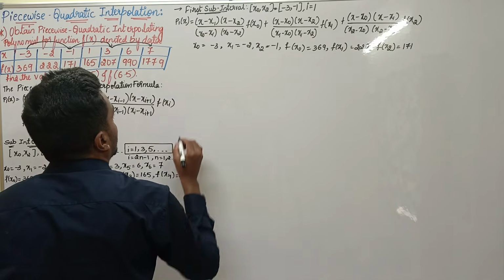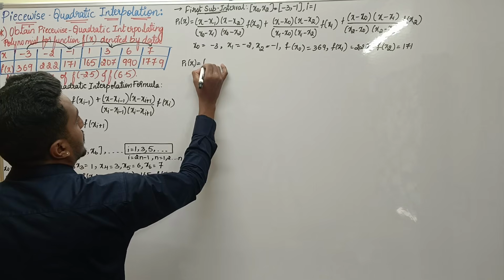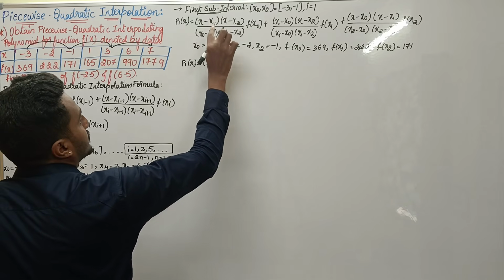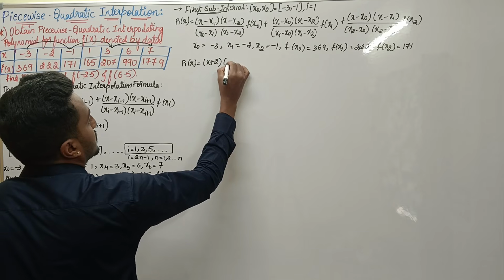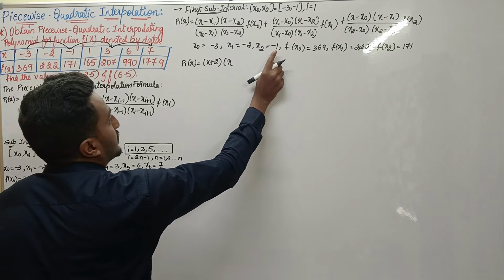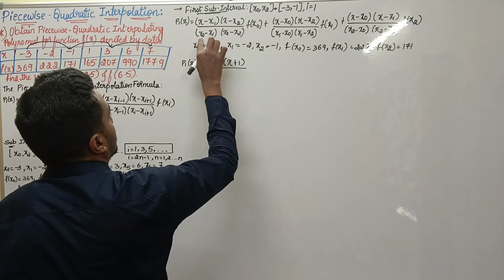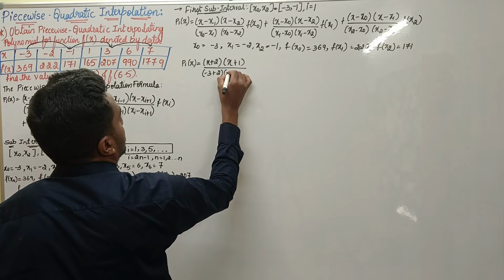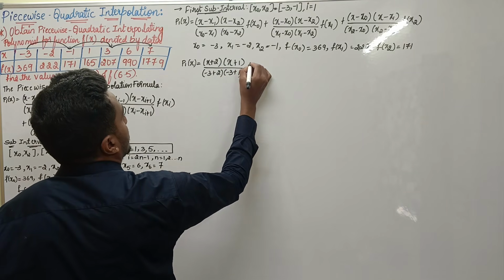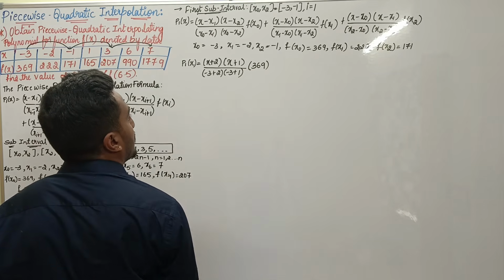Okay, let us simplify. p1 of x is equal to (x minus x1, what is x1? minus into minus plus 2) (x minus x2, x2 is -1, minus into minus plus 1), whole divided by (x0 is -3, so -3 plus 2) (-3 plus 1) into f of x0, 369. Done.